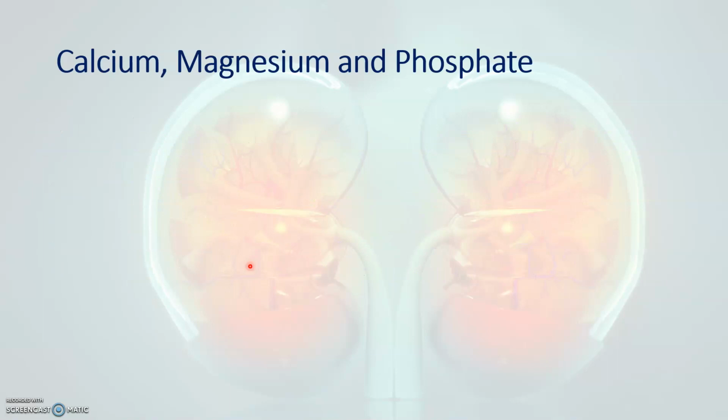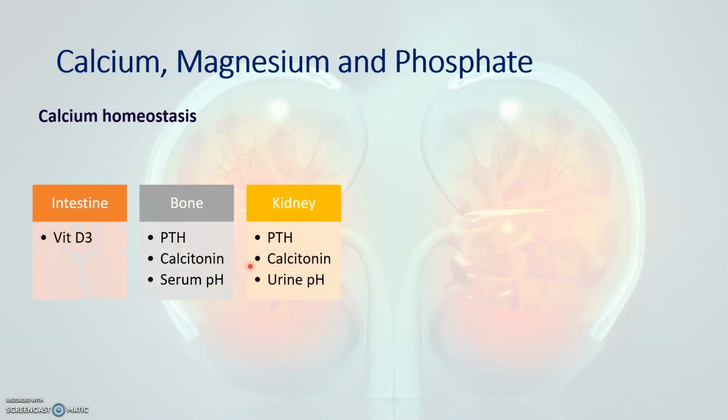Okay, so calcium, magnesium and phosphate. We'll start with calcium homeostasis. And when we're thinking about calcium, we need to think about the gut, bone and kidney. These are the three organs that really regulate calcium balance in the body.